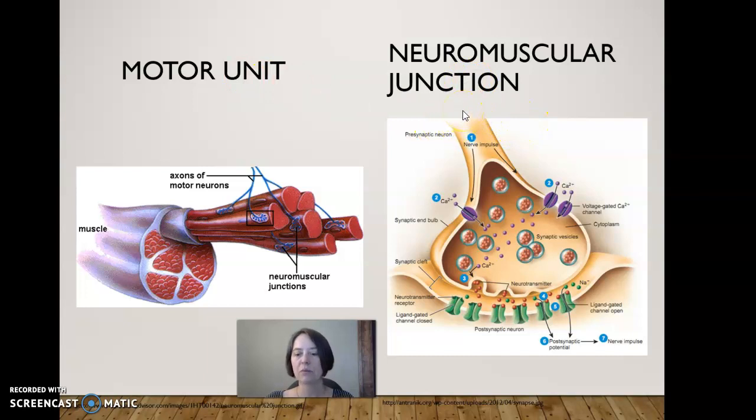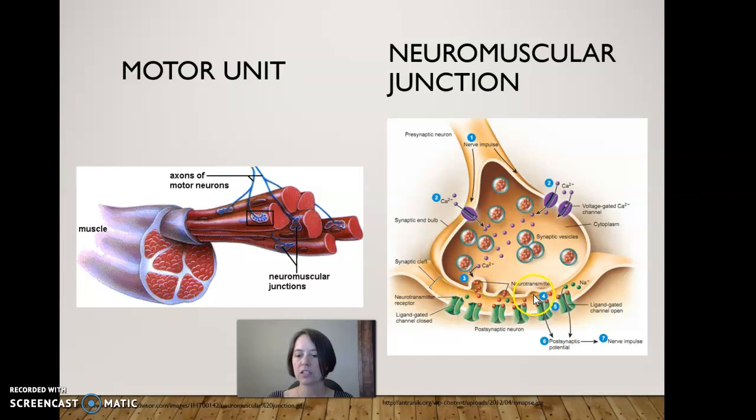We haven't gotten into the nervous system, so some of this will be a little bit of a preview. But you see you have an action potential coming down to the end of a neuron, this synapse. The nerve impulse causes these calcium ion channels to open up, so calcium ions flow in, and that allows these vesicles to dump out their contents, which are neurotransmitters, which we'll talk about in a minute.